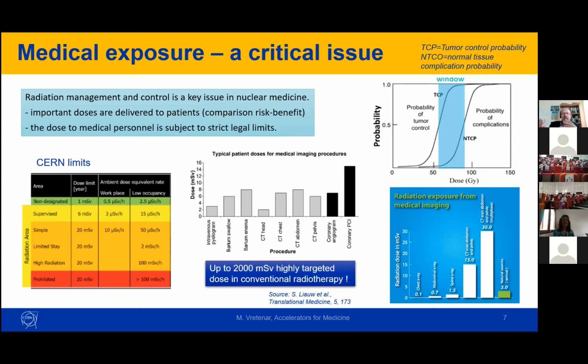So one problem of medical accelerators is that you need to control them very carefully, and the second is radiation protection, which is a very important issue: protection of the patient from excessive dose, but also of all people working on medical accelerators.